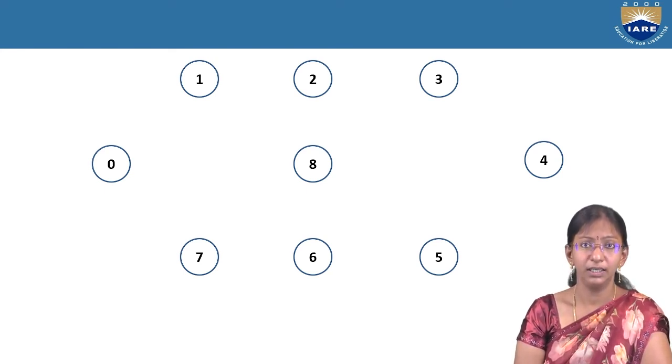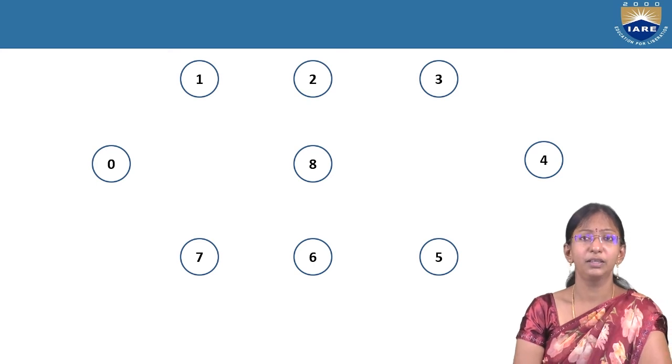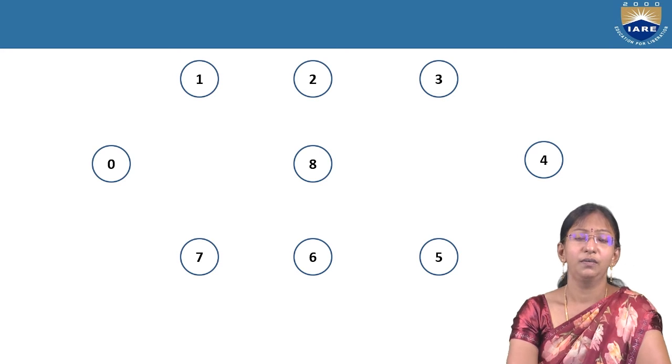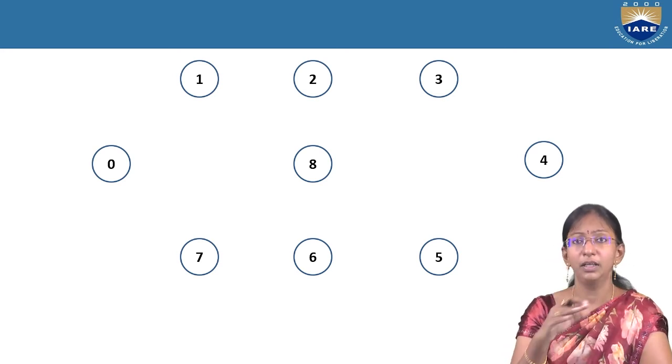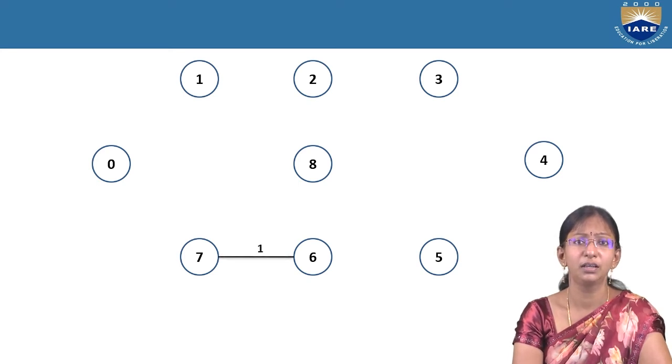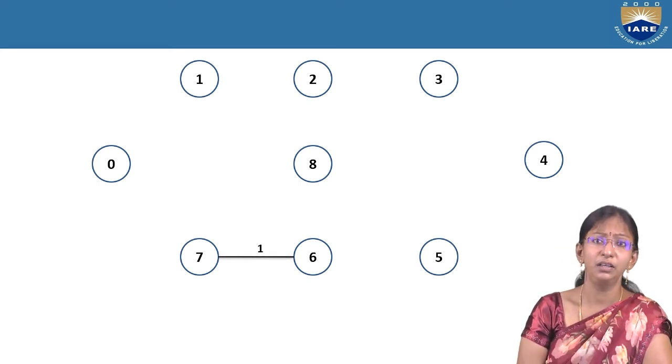You can start with any node of your wish. First of all, in Kruskal's, we start by adding an edge with minimum weight. What is the edge with minimum weight? The edge between 7 and 6 bearing a weight 1.